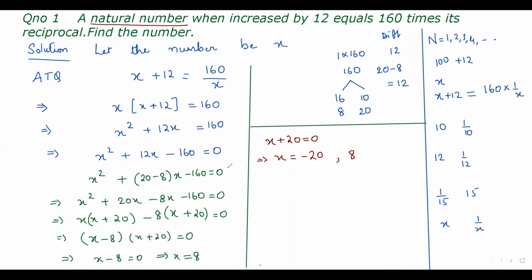So you can write here: x cannot be minus 20 as x is a natural number. Hence, the required number is 8.